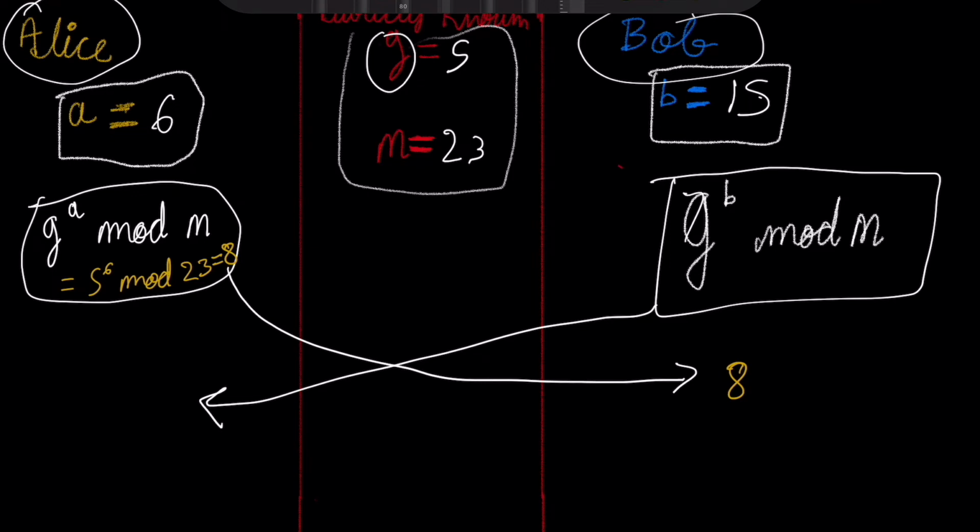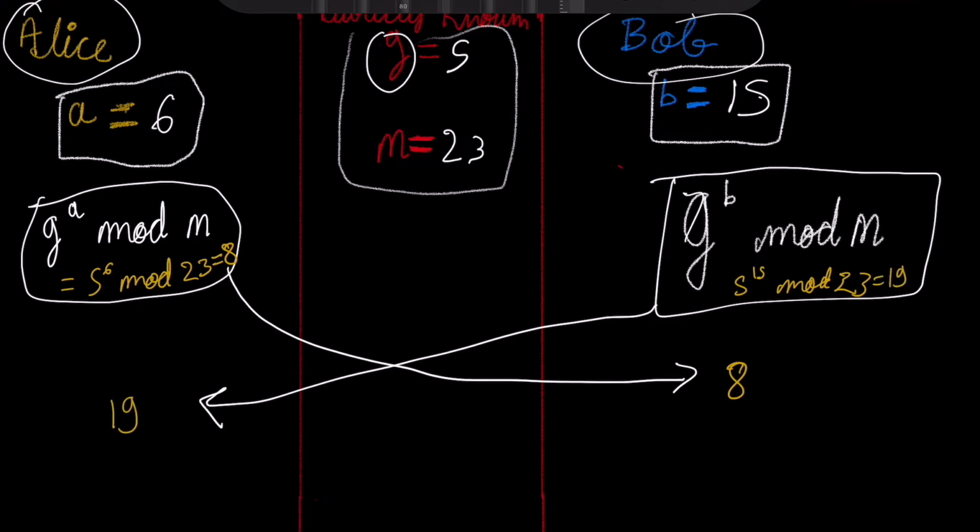This will be equal to 5 to the power 15 mod 23. So let's do it. 5 to the 15 mod 23, which is 19.